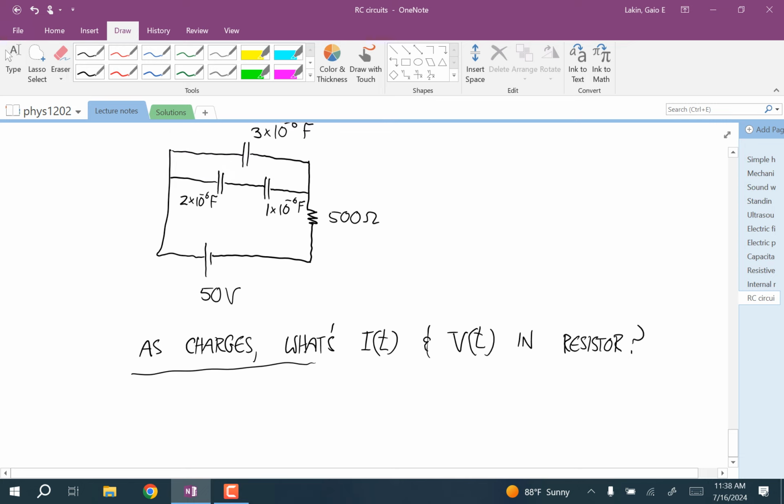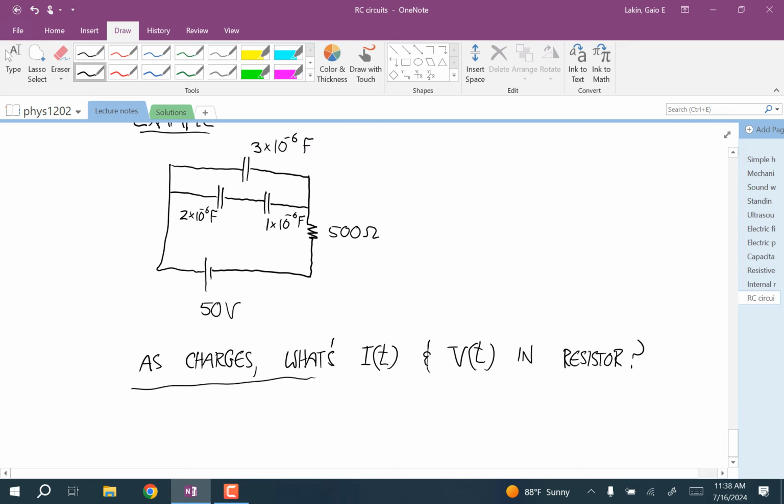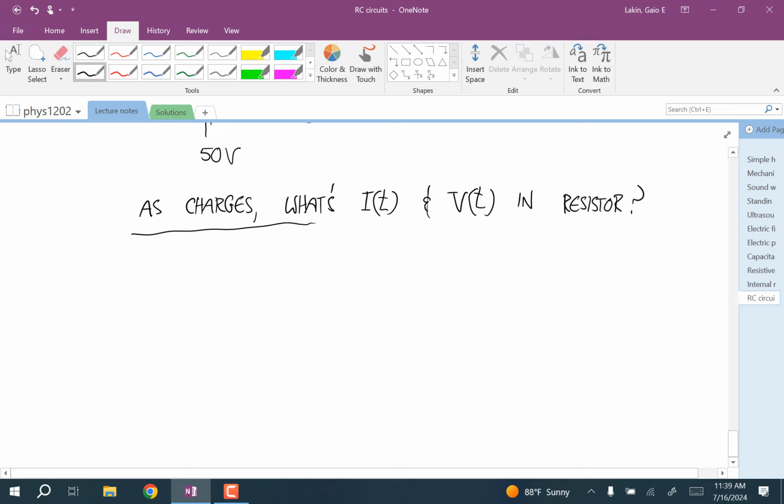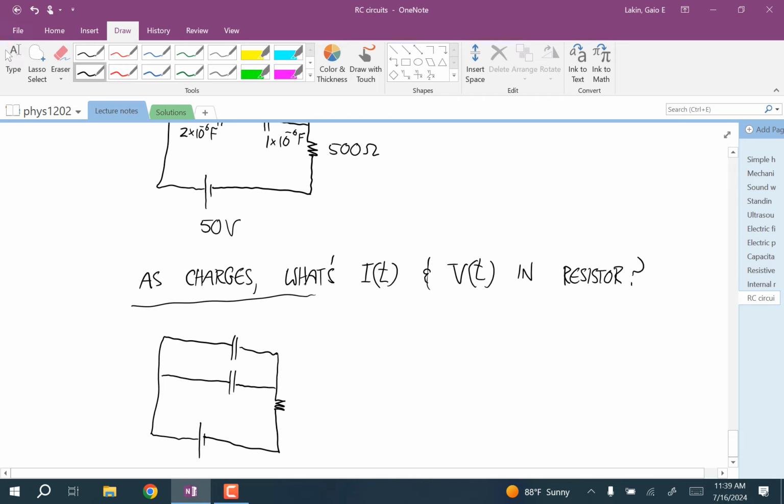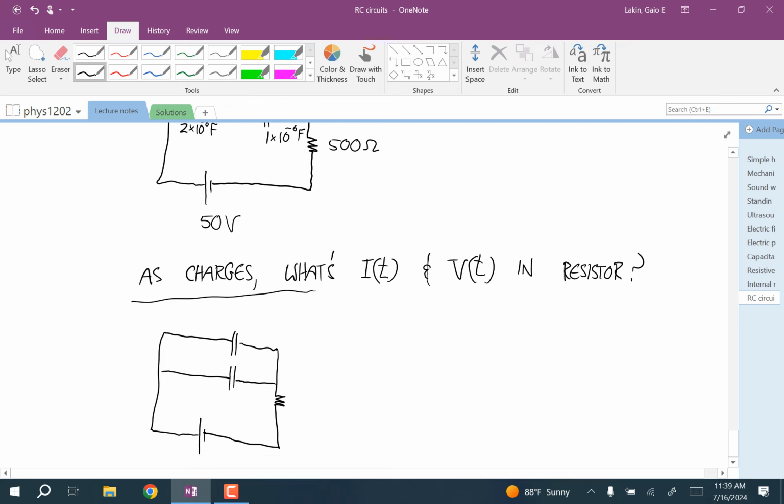Okay, so the first step is I'm going to replace the two lower capacitors with a single capacitor. We have to figure out what the value is of that lower one. The top one hasn't changed, so that's still 3 times 10 to the minus 6.